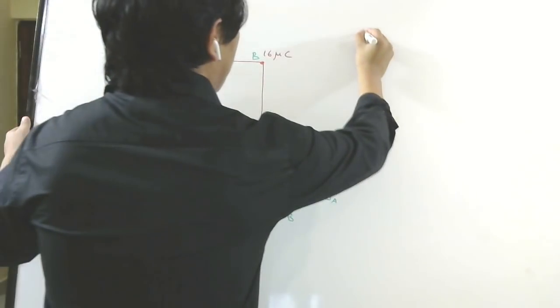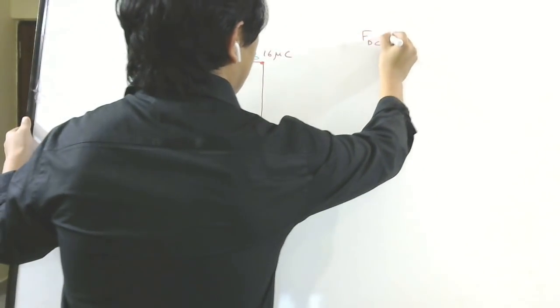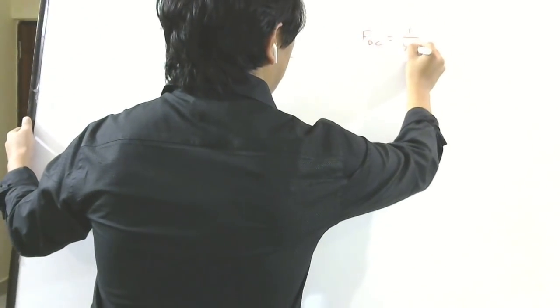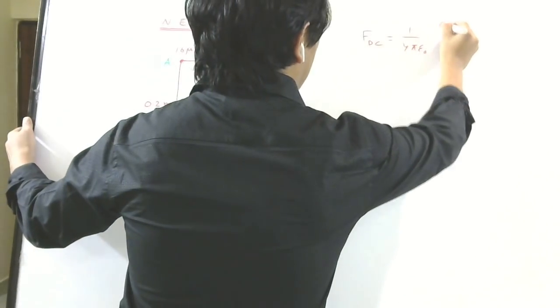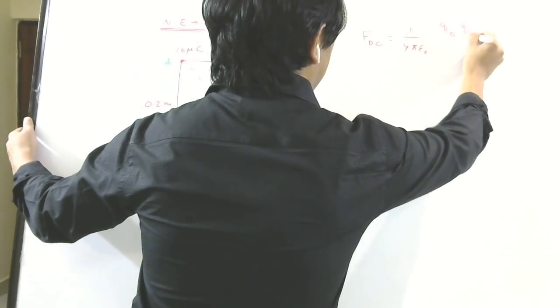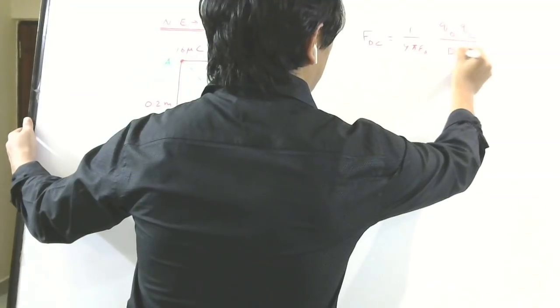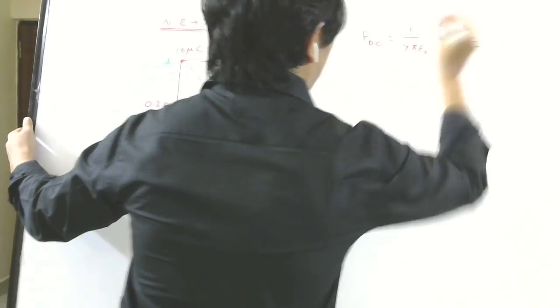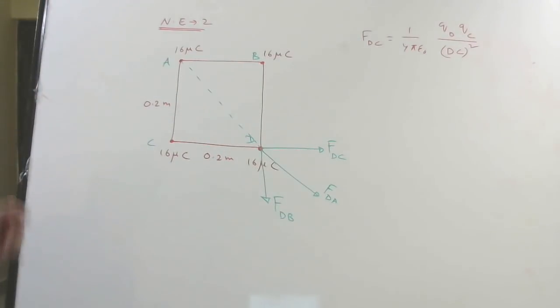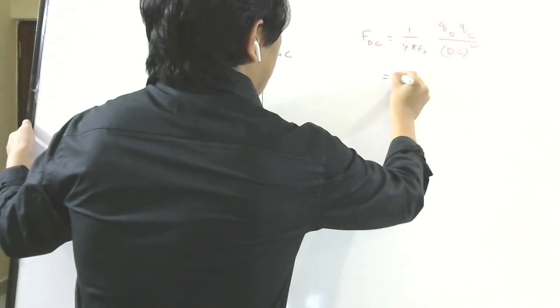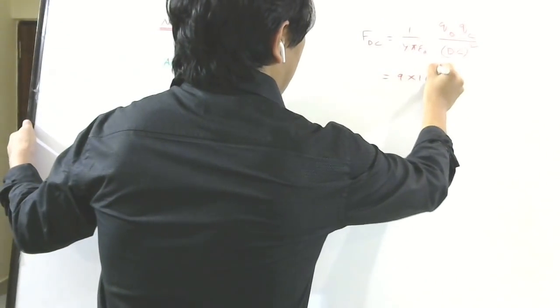So just calculate FDC. 1 by 4 pi epsilon naught, charge at D, charge at C, divided by the distance between D and C squared. Now you know this value is 9 into 10 to the power 9.